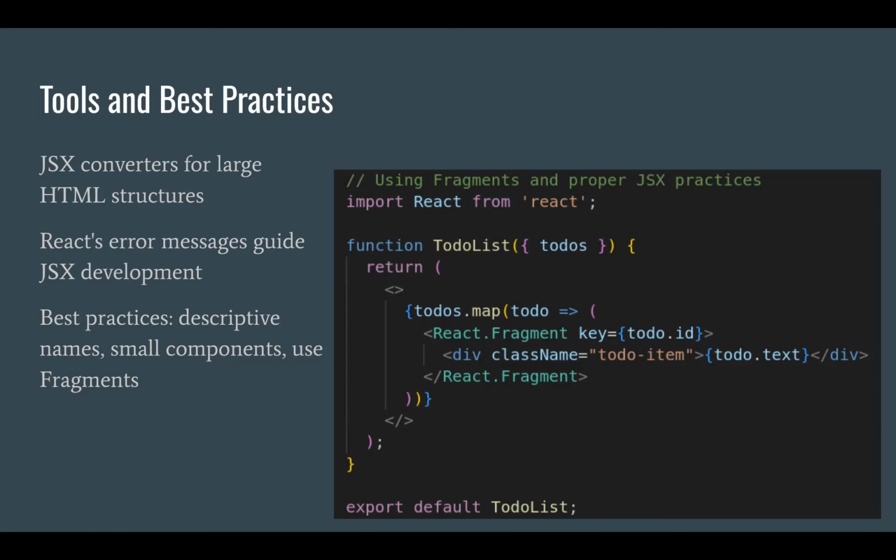However, understanding the underlying principles is crucial for effective troubleshooting and optimization. So best practices in JSX include using descriptive component names, keeping components small and focused, and leveraging fragments to avoid any unnecessary DOM elements such as div.